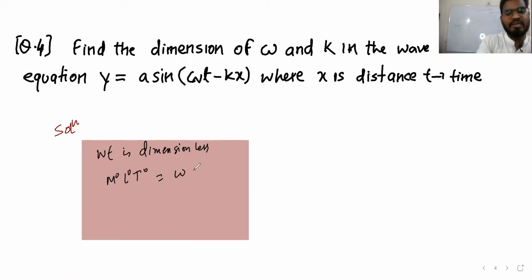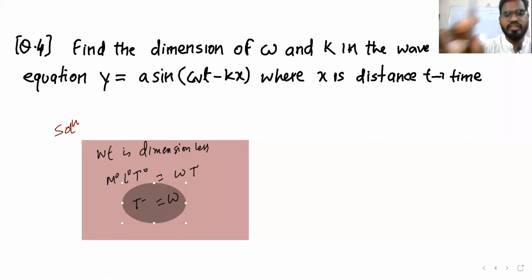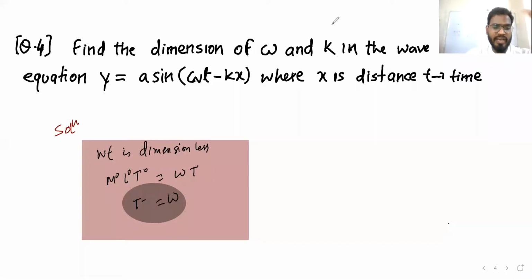T is what here? Time dimension is T, right? So anyway all are 0 only, so they will go up. So ultimately T to the power minus 1 is omega. Finished. Hope you guys got it, right? The dimensional formula of omega is T to the power minus 1.